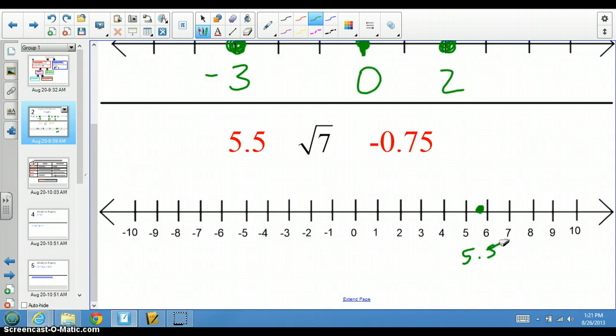Radical 7, well, once we put it in the calculator, it's around 2.6. So it's in between 2 and 3. And then -0.75, well, it's negative, and it's in between 0 and -1, a little closer to -1.